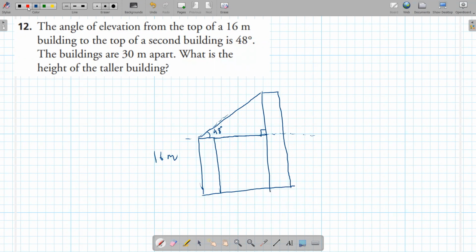So from here to here, the distance between them is 30 meters. Actually, maybe that won't help you in the triangle, like from here to here. We're trying to find the height of this second building. How do we do this?